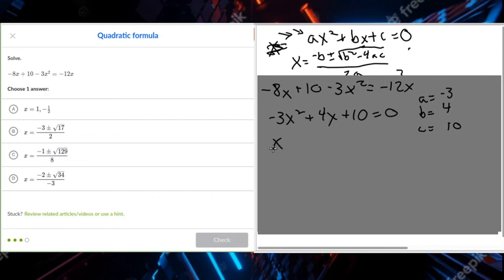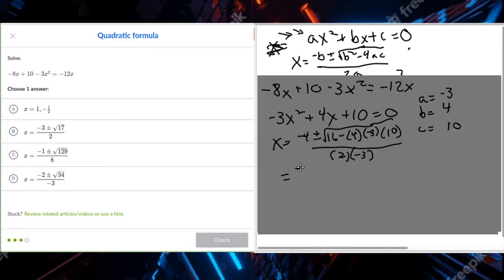So x is equal to negative b, which is negative 4, plus or minus square root of b squared, 16, minus 4a, negative 3, and the 10, all over 2a, 2 times negative 3. And I'm going to simplify that.